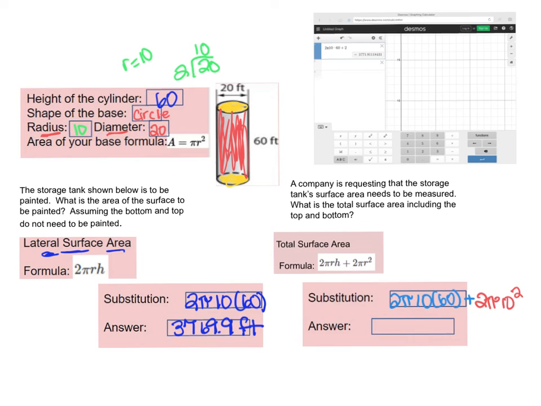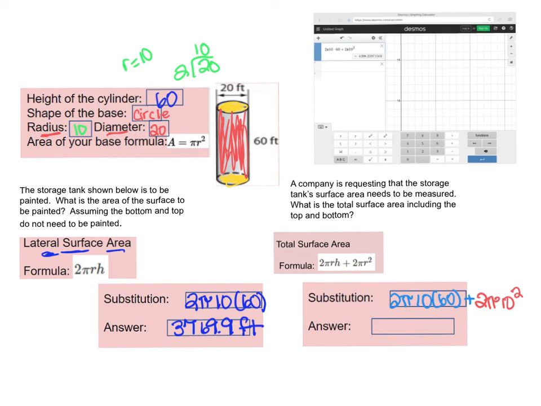This time I'm going to use the pi symbol, to show you a different way. Pi symbol, 2, and then 10 squared. All right, now look, we have a little more surface area, don't we? Because we added our two bases in there as well. It's just ever so slightly more surface area because we added the area of my two circles on top of that.